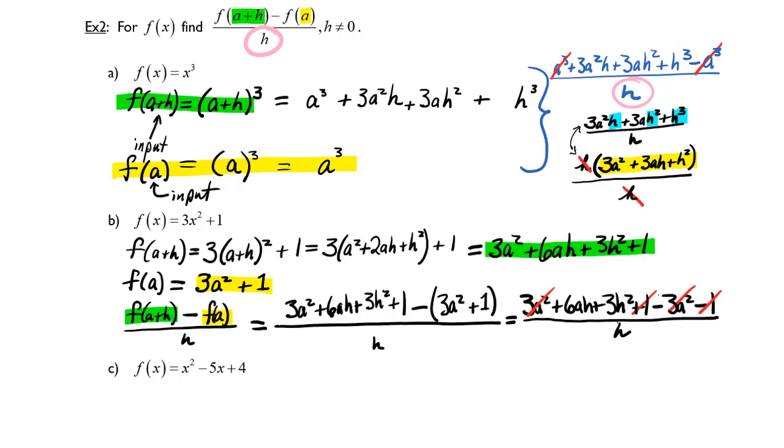And notice that all the terms that are left have an h in them. So now I have 6ah plus 3h squared all over h. Dividing out the h, as I did in the previous problem, or factoring it out front, will give me 6a plus 3h all over h. And my h's will divide out. And my numerator is what's left.